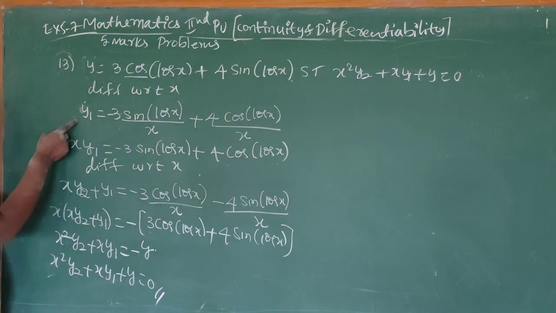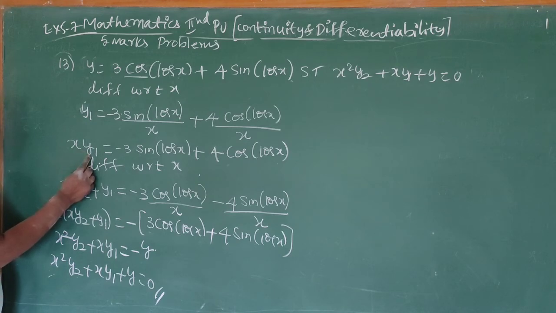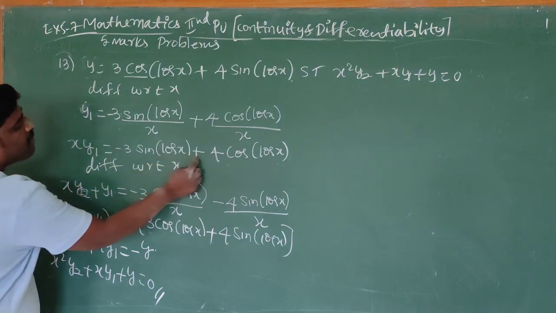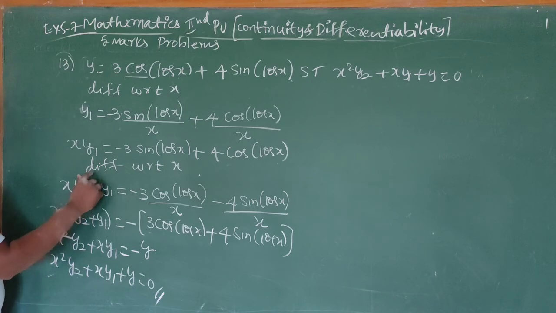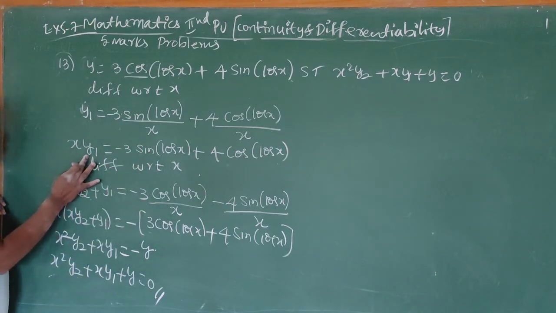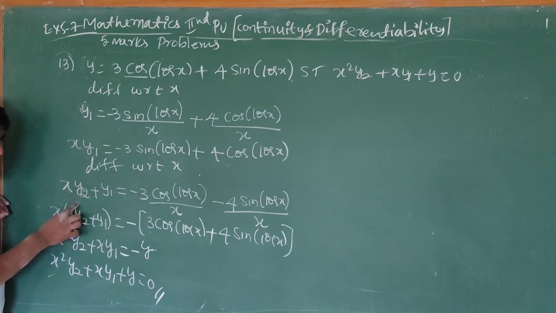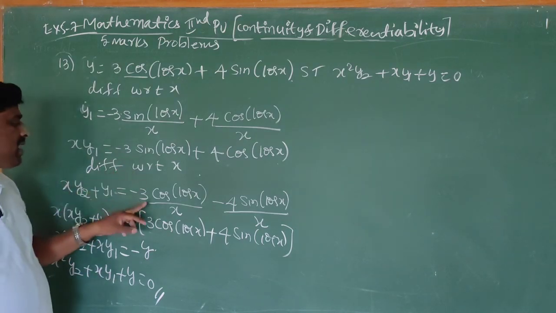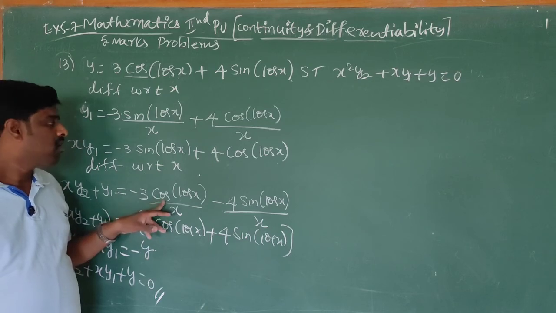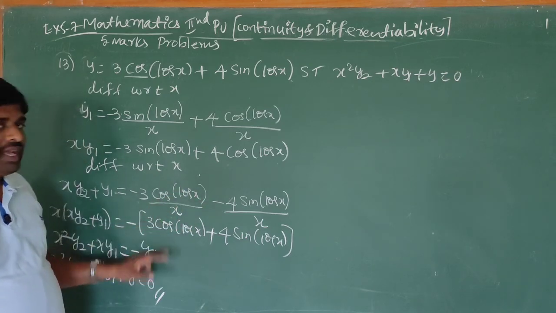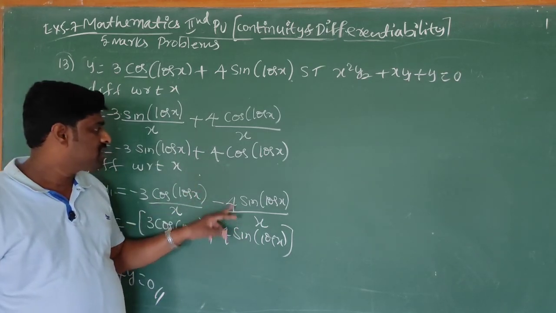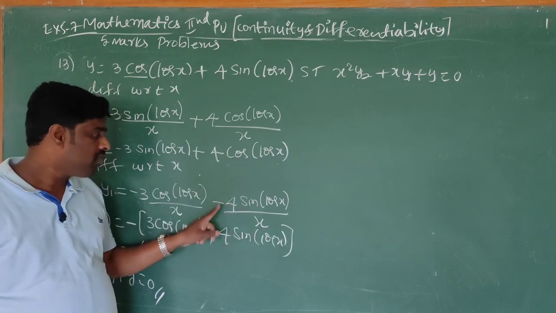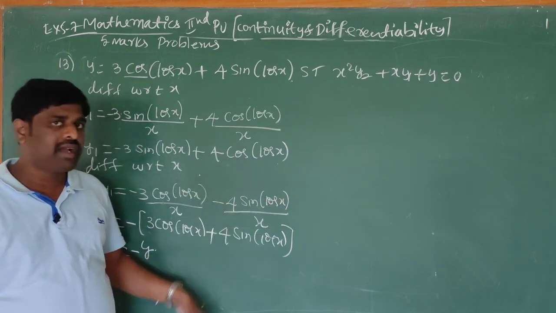This x will go to LHS. xy1 is equal to minus 3 sine of log x plus 4 cos of log x. Differentiate with respect to x. X as it is, already I told, y1 differentiation is y2, plus y1 as it is, x differentiation is 1, equals minus 3 sine differentiation, which is cos of log x divided by x, plus 4 as it is, cos differentiation is minus sine of log x divided by x.